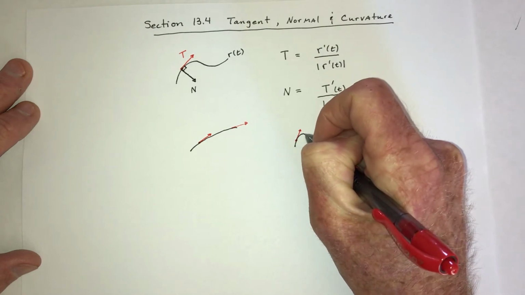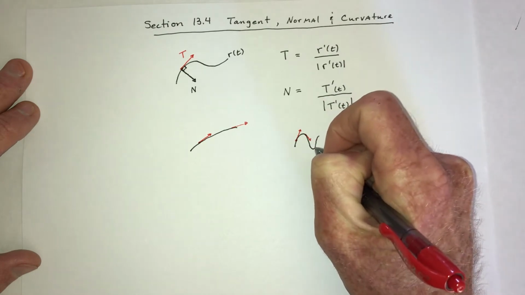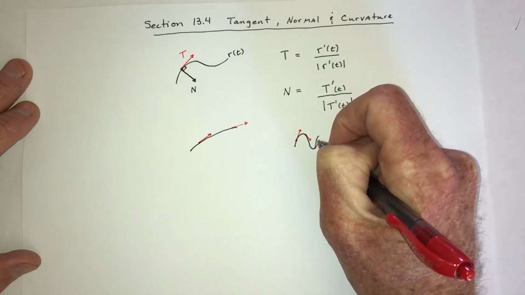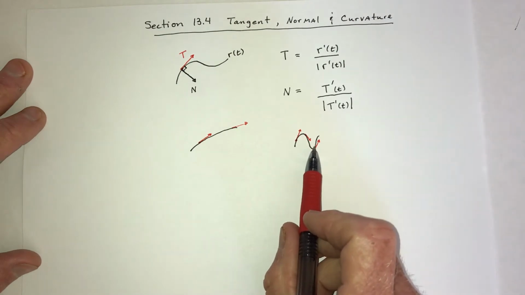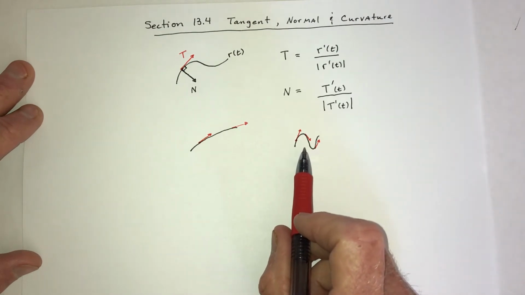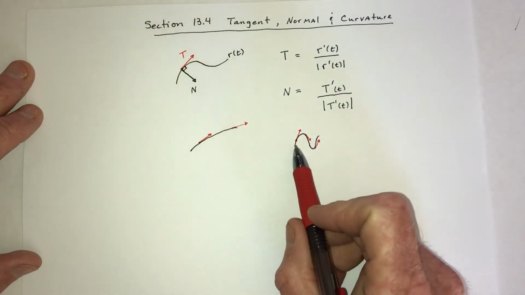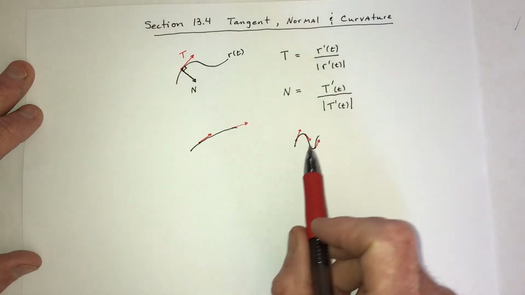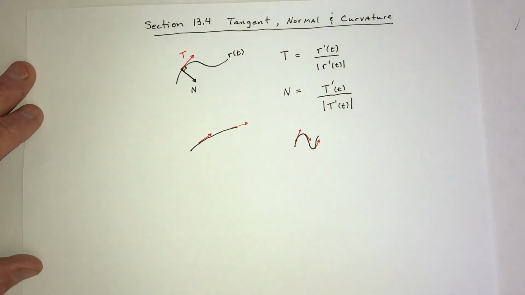By the time you get to here, it's going to be like this. By the time you get here, it's going to be like this. So now the tangent vector is moving around. It's changing a whole bunch. This black curve was 1 mile. This black curve was 1 mile. And yet over this 1 mile, the tangent vector changed a lot more.